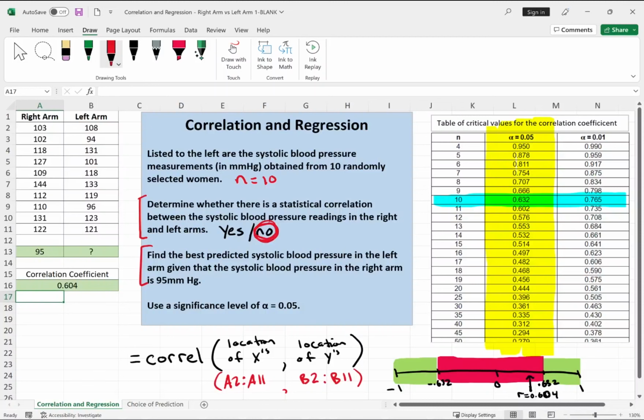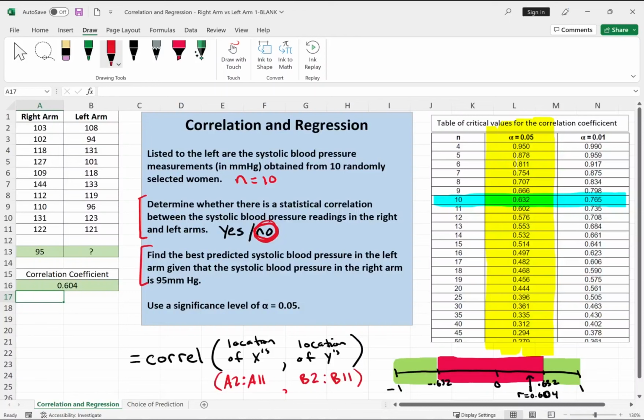No, there is not a statistical correlation between your blood pressure in your right arm and your blood pressure in your left arm. Now, what does that mean in the context of this problem? If you're a doctor's office and this is what's happening with your blood pressure machine, it's probably time to get a new machine, because you would assume it's the same person, the same blood, so you should have approximately the same blood pressure in the right arm versus the left arm.